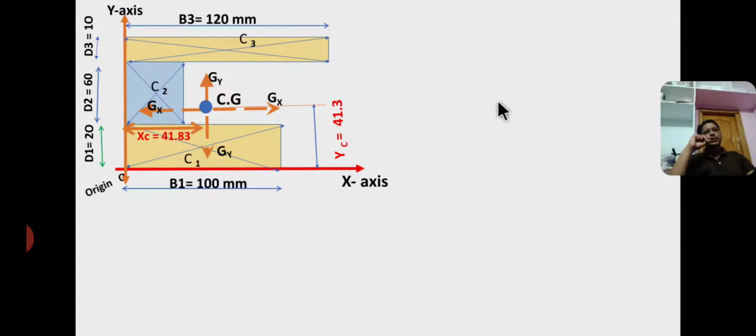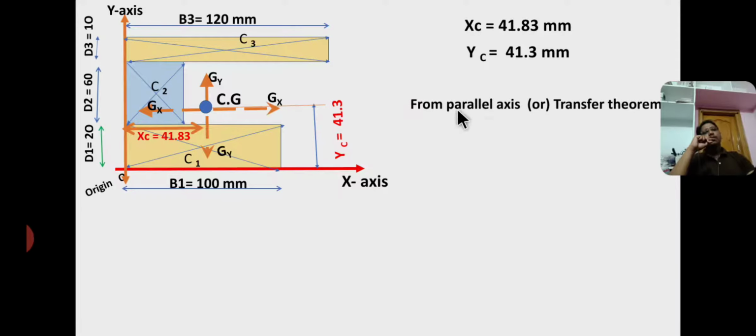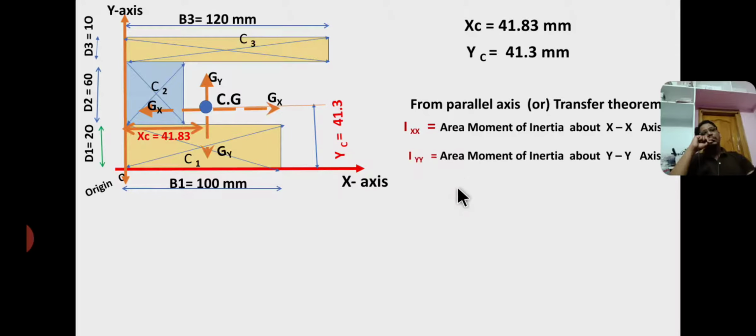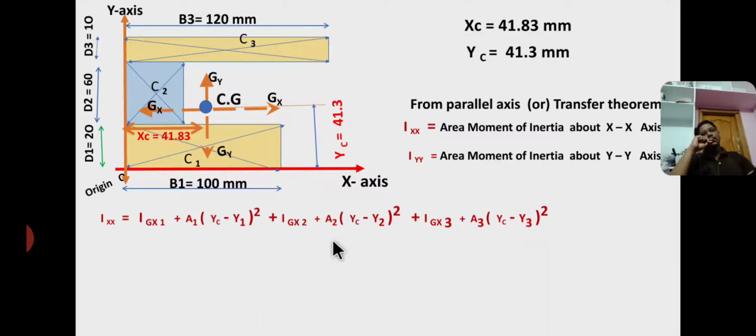Now coming to the area moment of inertia formulas. From the parallel axis theorem or transfer theorem, Ixx equals the area moment of inertia about the xx axis, that is the base, and Iyy equals the area moment of inertia about the yy axis, that is the side edge. Now from the general expressions, for 3 rectangles I have written 3 times for 3 sections. So Ixx equals Igx1 plus area 1 times (yc minus y1) whole squared.